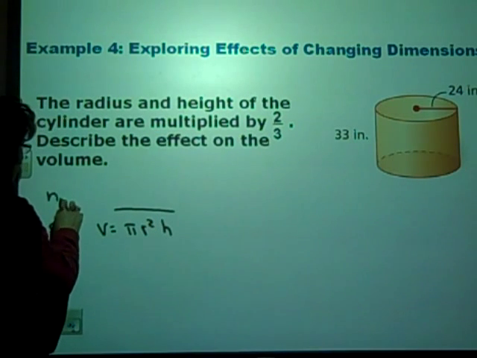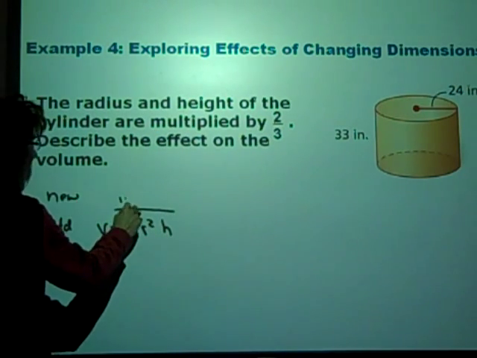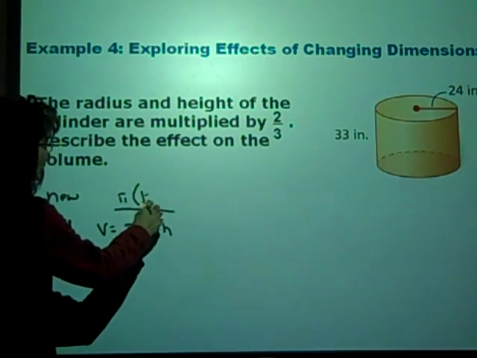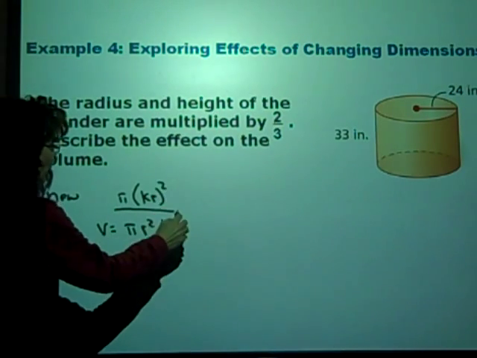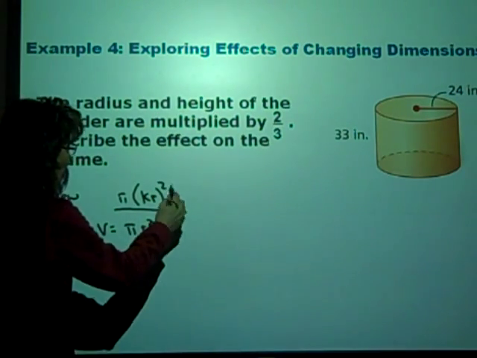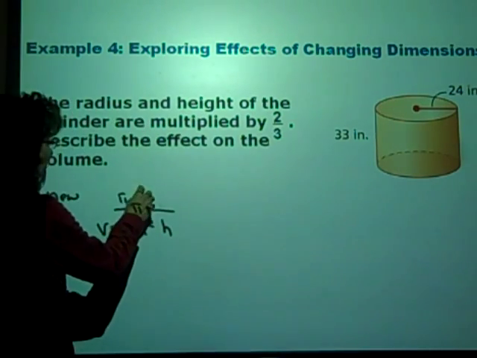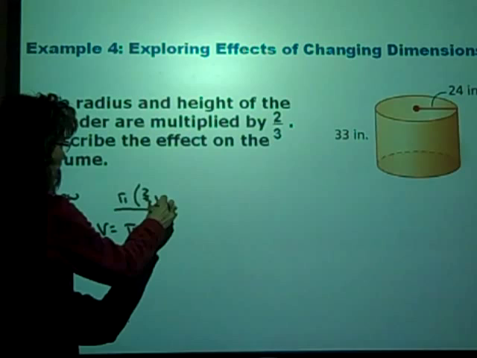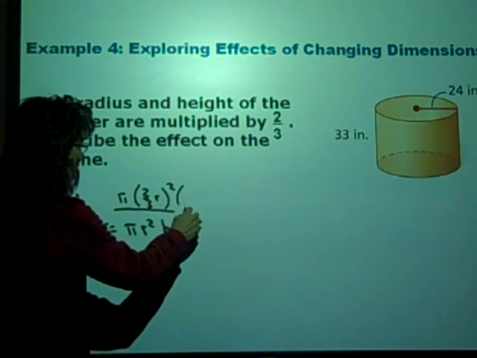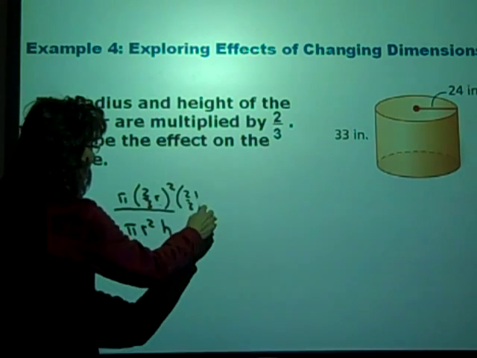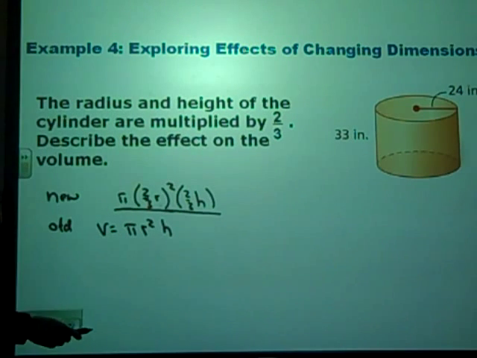The new one is going to be pi times 2/3 times the radius squared times 2/3 times the height, because it said we're multiplying the height and the radius.